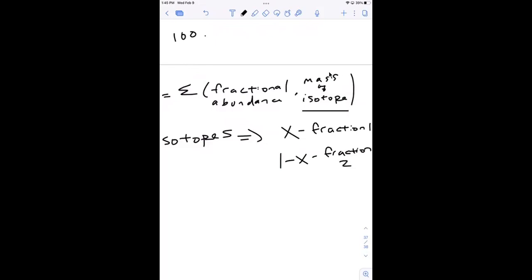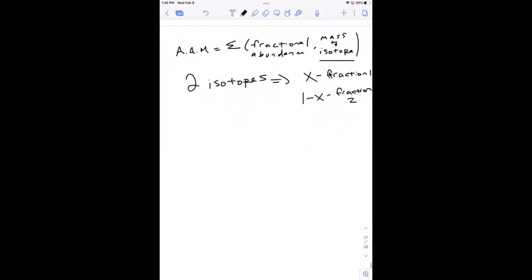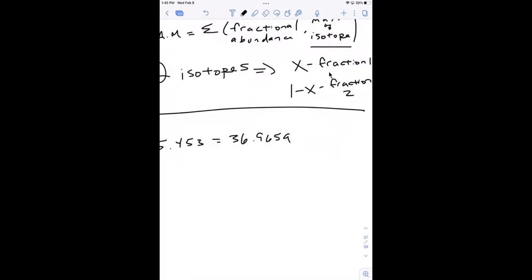So we can set this up. Let's take the average atomic mass, which is 35.453, and we're going to set that equal to 36.9659, and then that's going to be times 1 minus x, my bad.